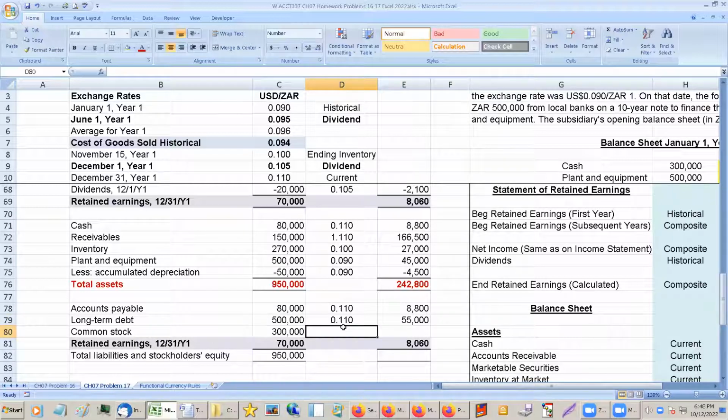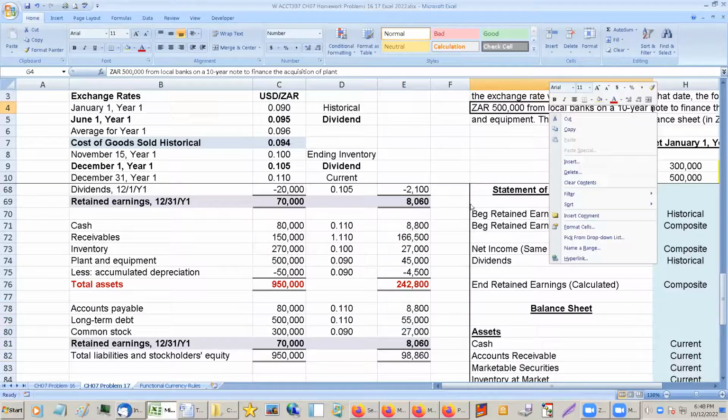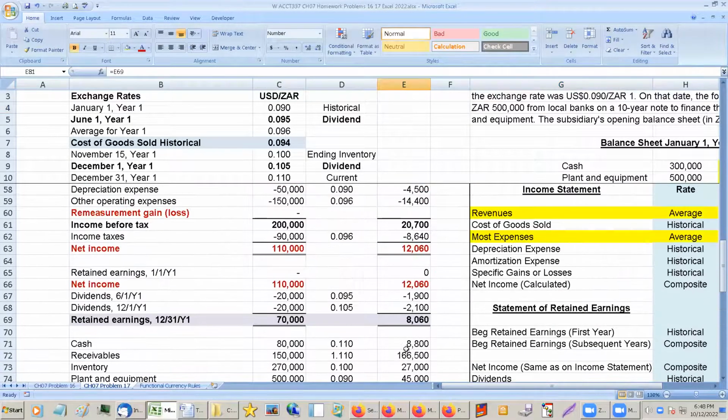Common stock goes in at the historical rate. 0.090. What the heck did I do?